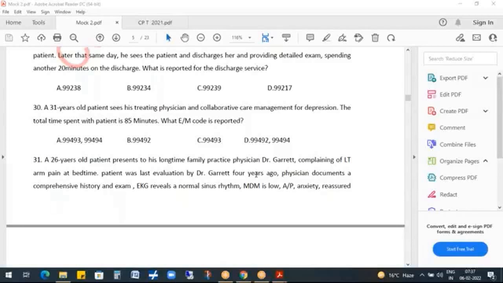See, he evaluated the patient 4 years ago. Now he is coming, right? After 4 years, what is the time period for new and established patient? 3 years. Now he is coming after 4 years. That means he is a new patient or an established patient? Established patient. Sunil, what is the time period previously for new patient and established patient?